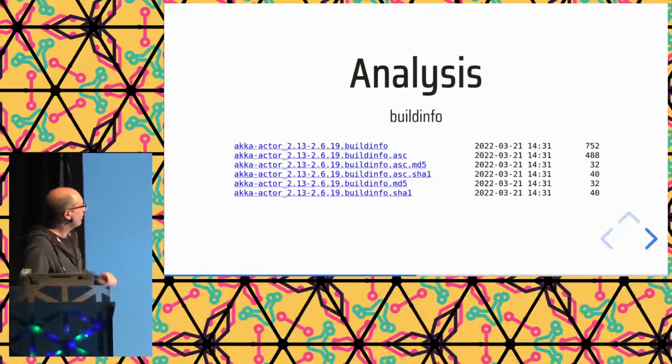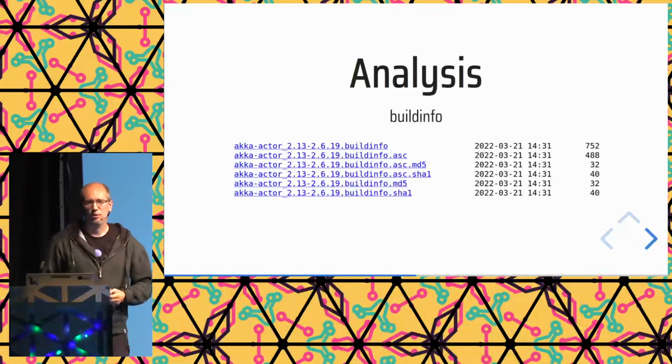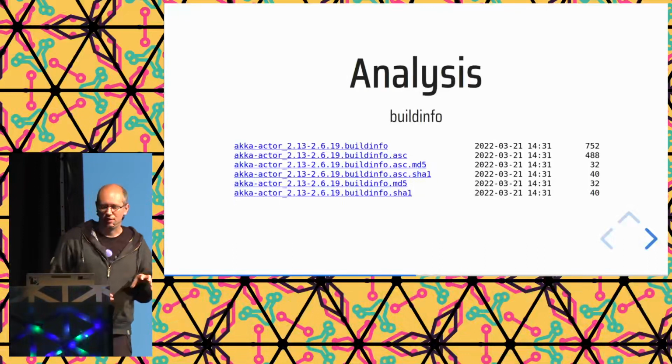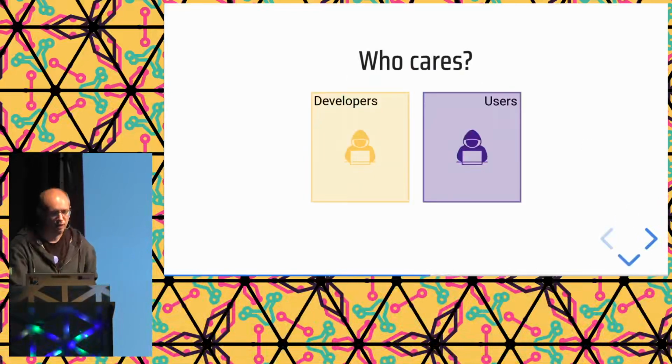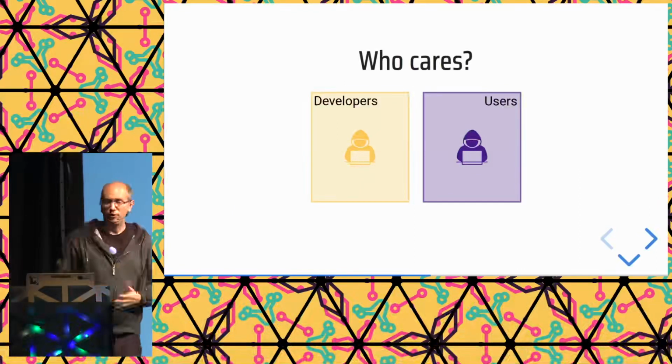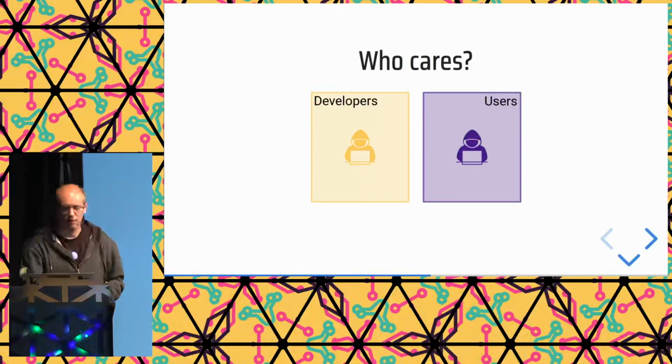So I think these are the main reasons you would care about reproducible builds as a developer. You get more confidence that what you're sending to your user is actually what you intended to send to your user, which is nice. But it's also, of course, useful to the users because they want binaries without malware.